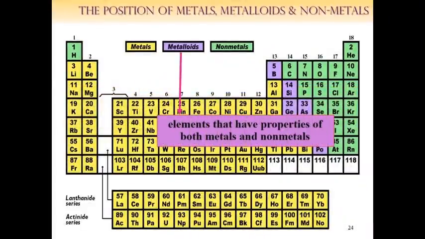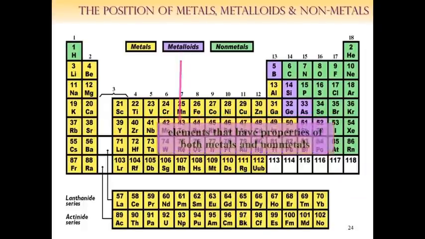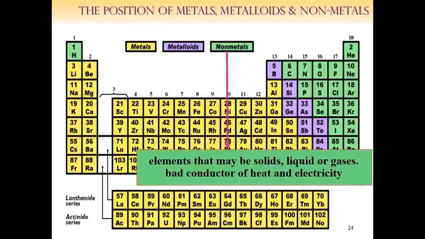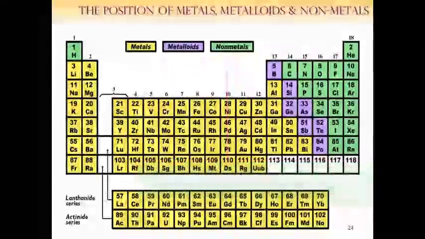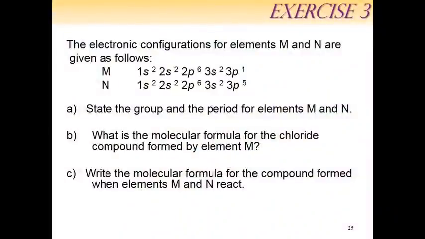Metalloids are elements that have properties of both metals and non-metals, and all the metalloid elements are purple color. Non-metals are elements that may be solid, liquid or gases, bad conductors of heat and electricity, and all the non-metal elements are green color. You can try to answer exercise 3.